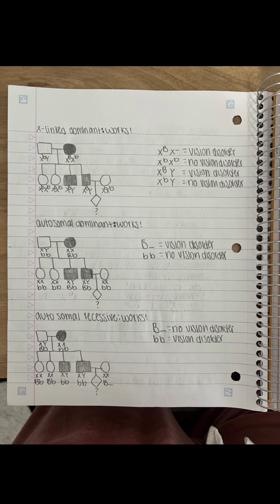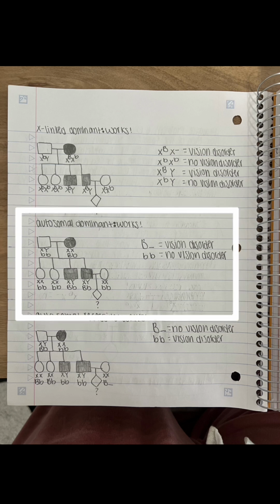And then we have autosomal dominant, which also works. And so this means that this wouldn't be on the gametes or like the sex-linked trait. So I put the XY and XX just to identify them, but below it has the traits.